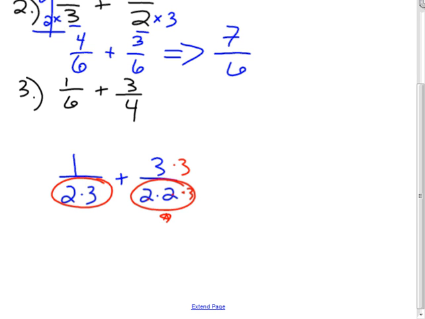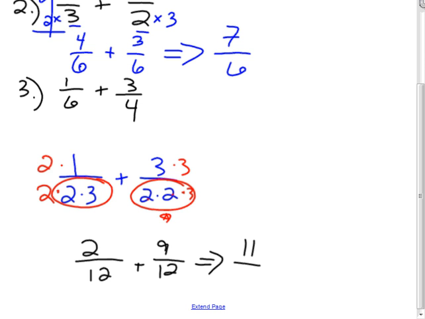Well, the left fraction is missing a 2, which means my numerator is also missing a 2. It's another way of finding that common denominator using factors. So now, when I simplify that together, the top is 2, the bottom is 12, plus the top is 9, the bottom is 12. Add fractions, add that numerator, attach the common denominator.